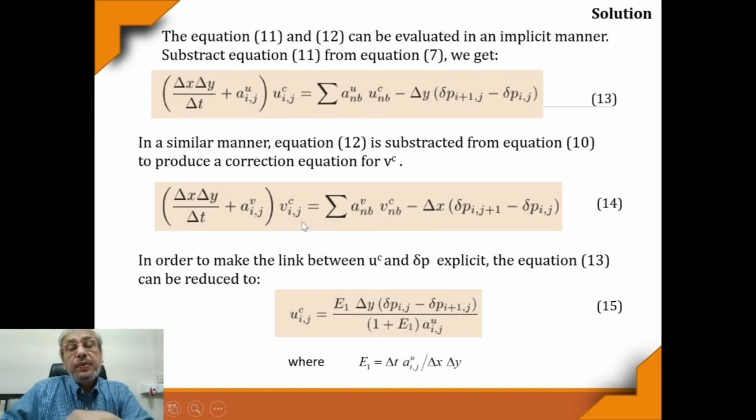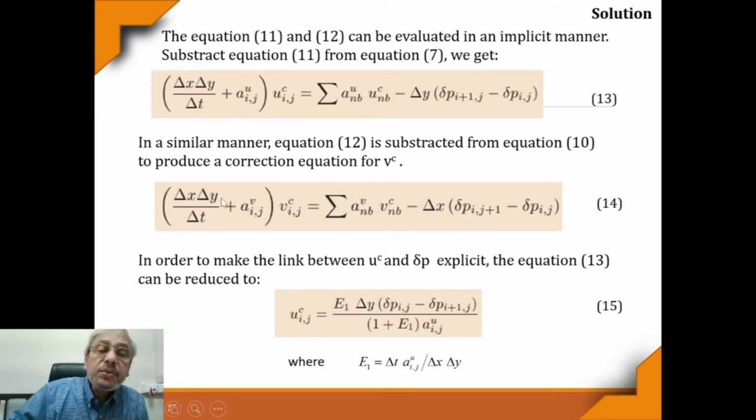This is the V velocity correction equation, and the pressure term is having delta P(i,j+1) minus delta P(i,j) into delta x.